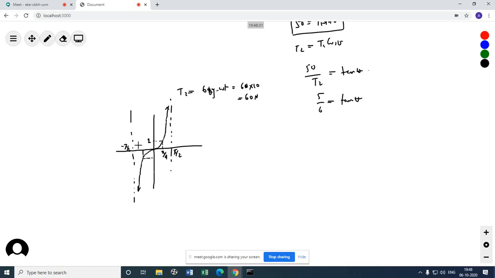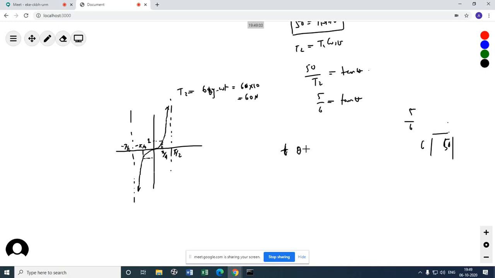Okay? We are interested in finding a rough value, without a calculator. Now 5 by 6 is how much? Tell me roughly. It is about 0.8. Where is the value then? Close to pi by 4, close to 45 degree, right?